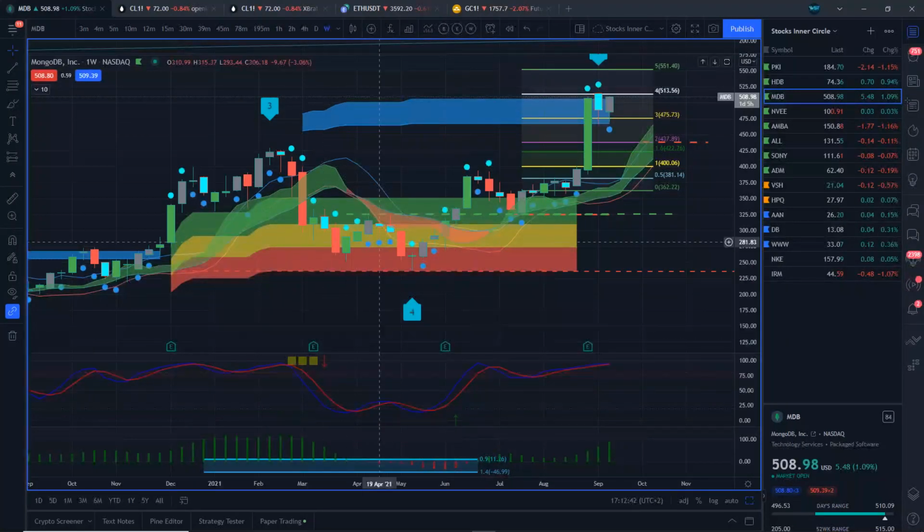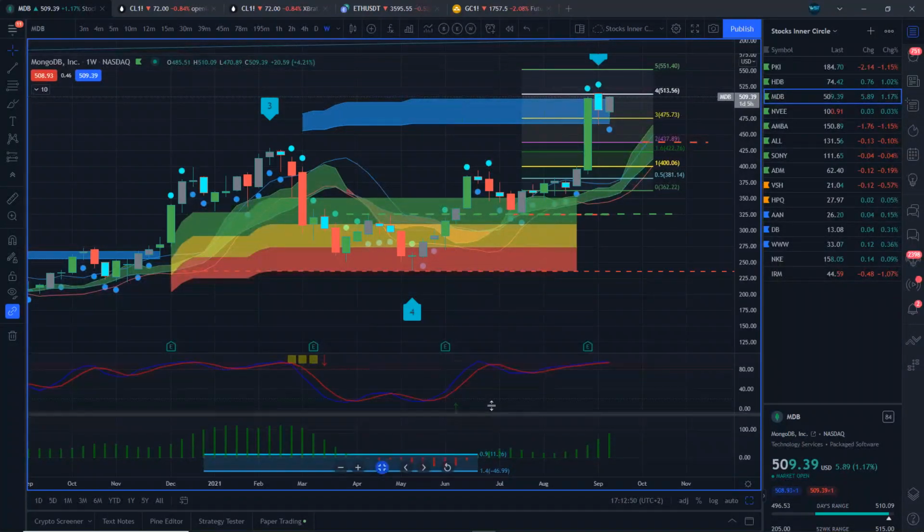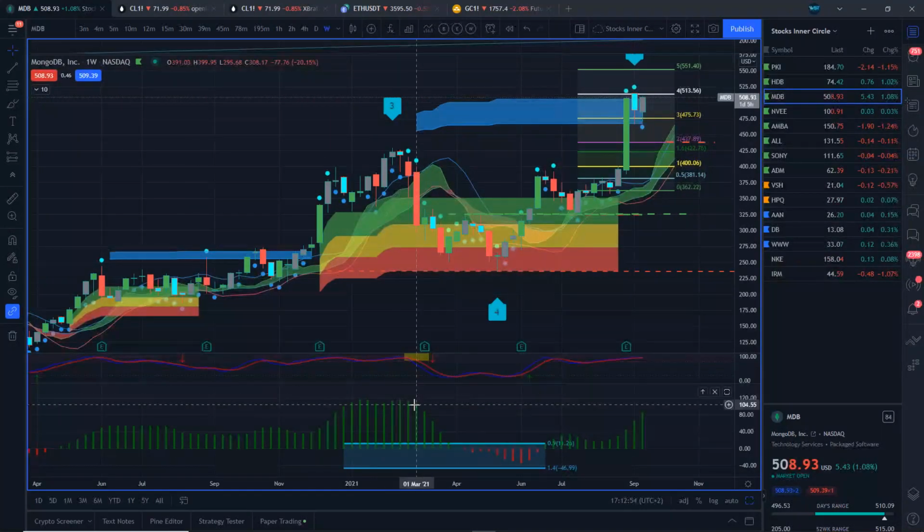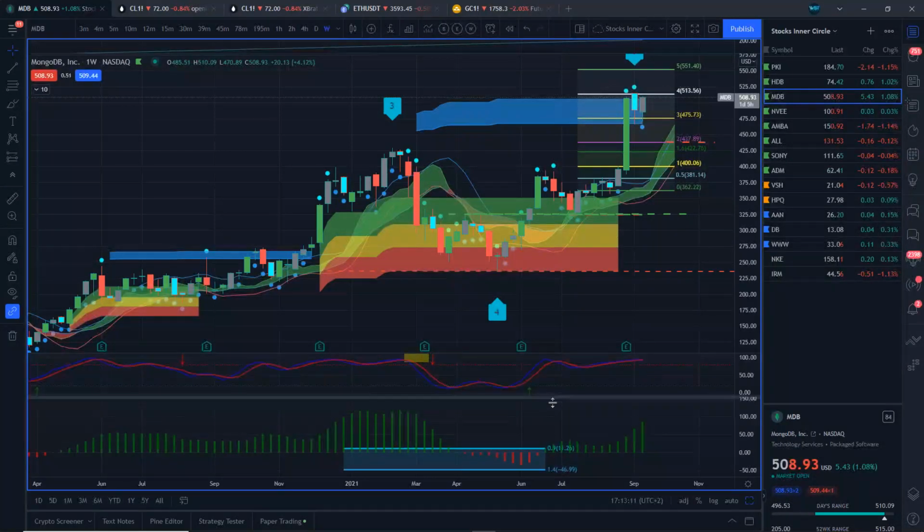So the wave 4's pull back in the red zone. We've got the stochastic actually pulling back into the oversold zone against those false breakouts. And then we have the oscillator pulling back and crowning between 90 and 100%, 140% on that wave 4 pullback. So all of a sudden, we're starting to build a really good, strong picture of this wave 4 pullback. There's a good probability that this is going to go.